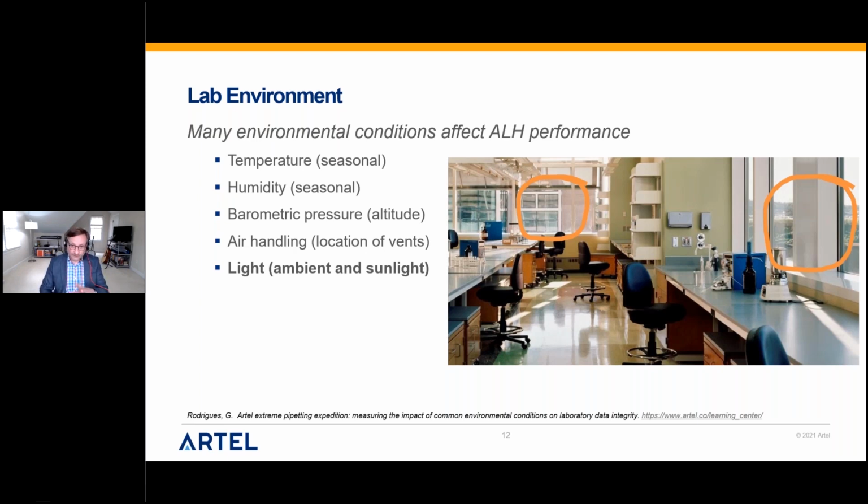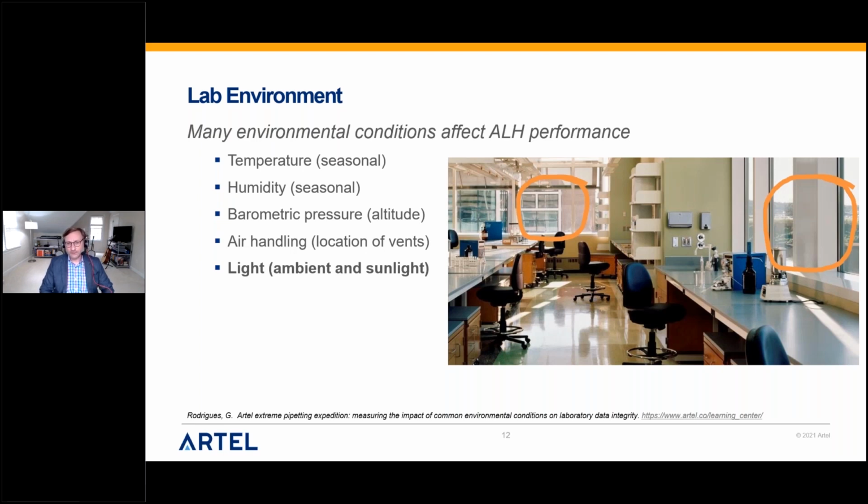But on the liquid handling side, you see over here to the right and then to the left in this image of this laboratory, I've circled these windows. If you think about the sunlight coming in, and let's say I've put my big automated liquid handling platform off to the right, and the sun happens to track in there, and this might be a south-facing window, with the sun beating on that all day, that's going to heat up the system and the surroundings.